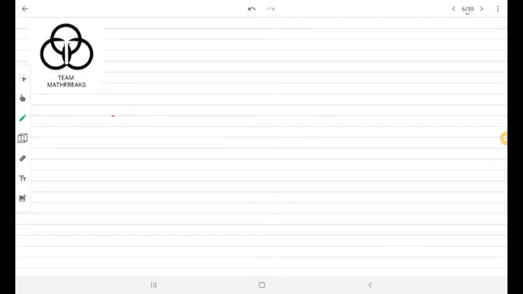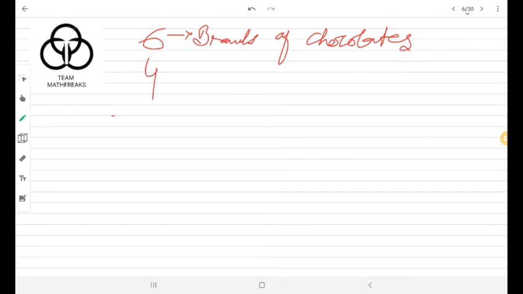We have seen permutations with repetition. Now here comes choosing with repetition, combinations with repetition. Suppose a question is like this: we have 6 brands of chocolates, and we want to select 4 chocolates from them.